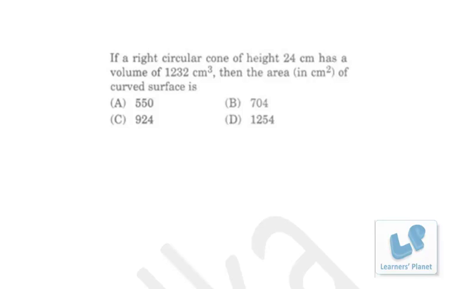Now, a right circular cone of height 24 centimeter has a volume of this, then find the area of the curved surface. The area of the curved surface is pi r l, and the volume is 1 upon 3 pi r square h. So 1 upon 3 pi r square into 24 is equal to 1232.